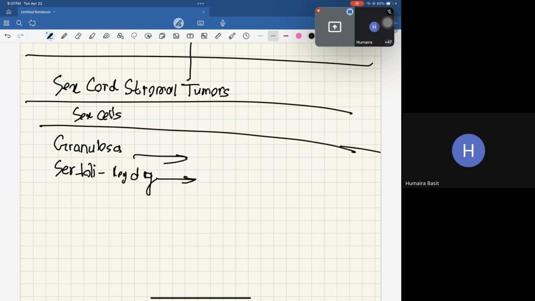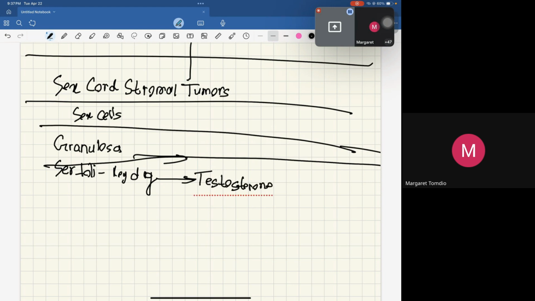As the name tells you, the Sertoli and Leydig cells, can anyone tell me what things do the Sertoli and Leydig cells produce? Testosterone. Yes, so these cells produce testosterone.